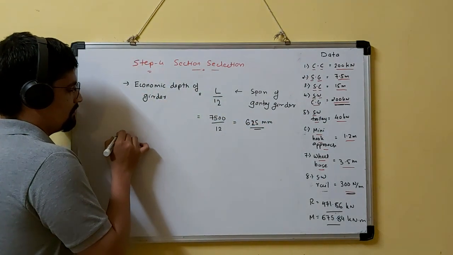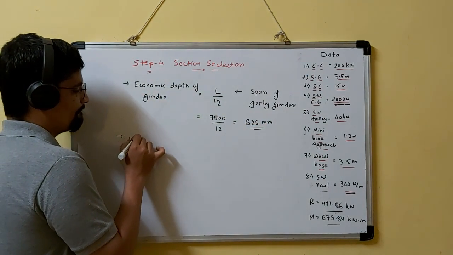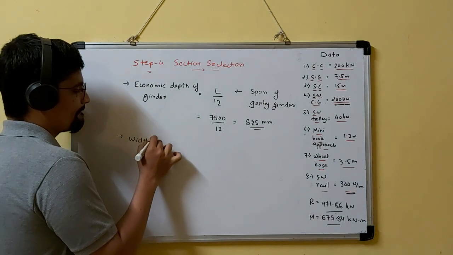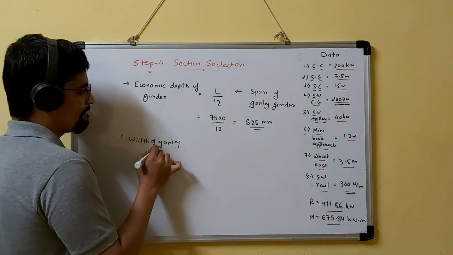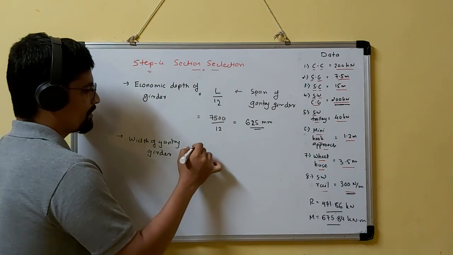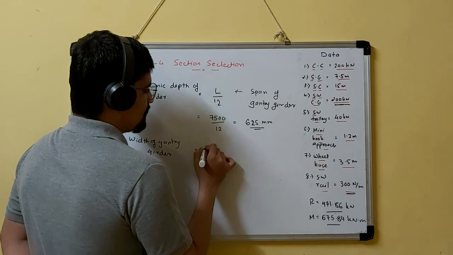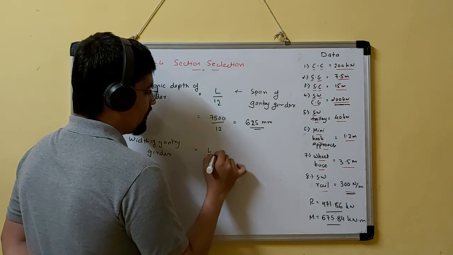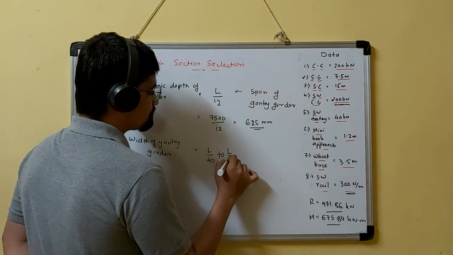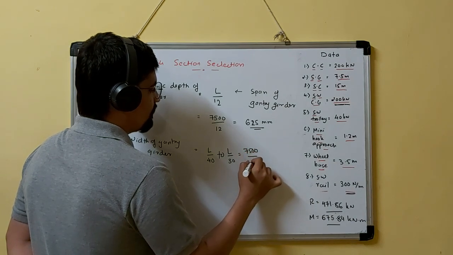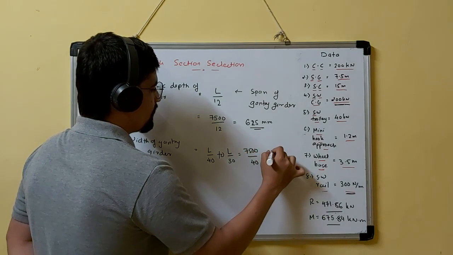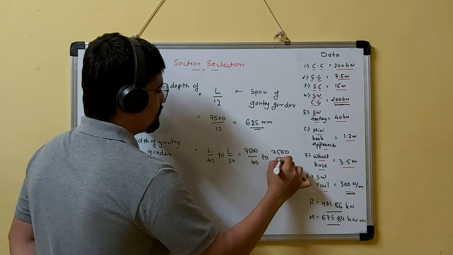Like that, the width will be L by 40 to L by 30. So 7500 by 40 to 7500 by 30.